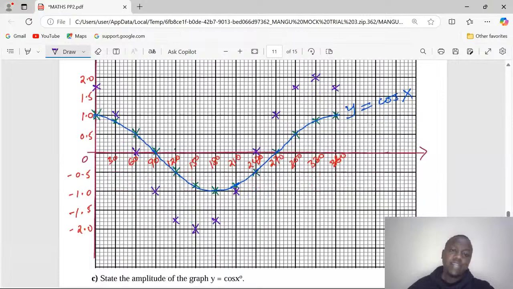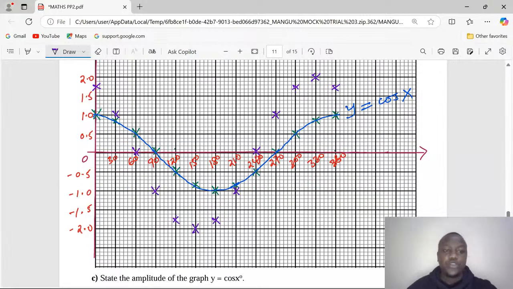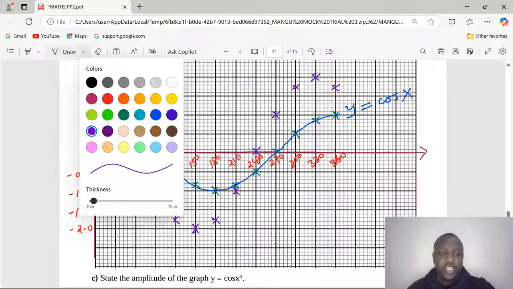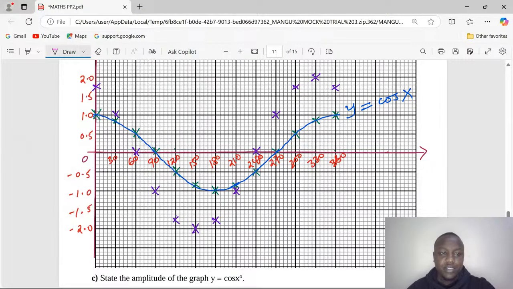So that's how the curve is, and this is what we shall draw. I'm using a different ink for that purpose.